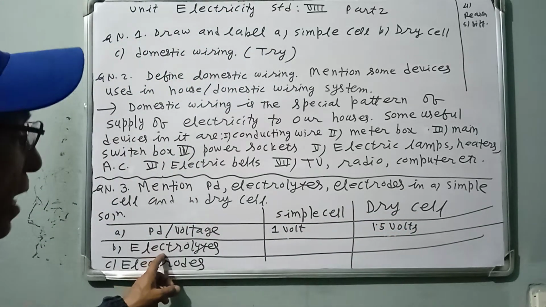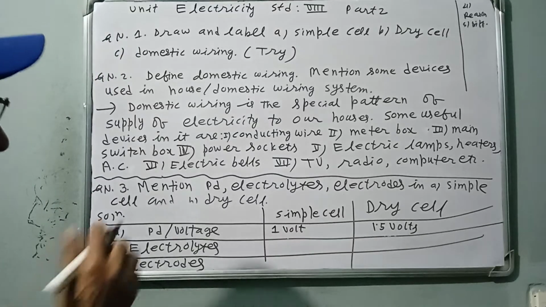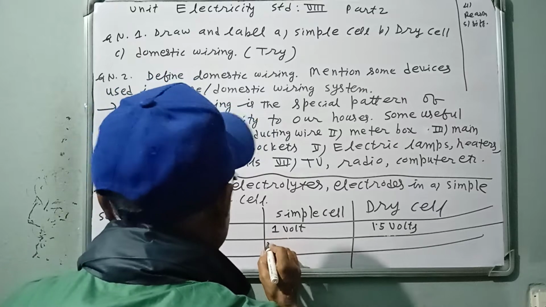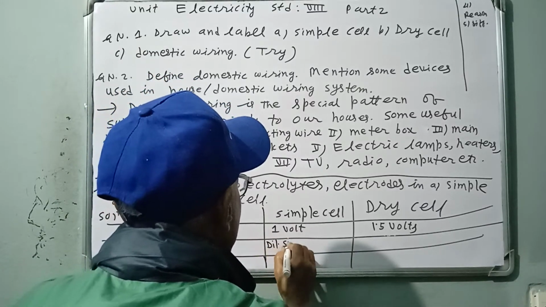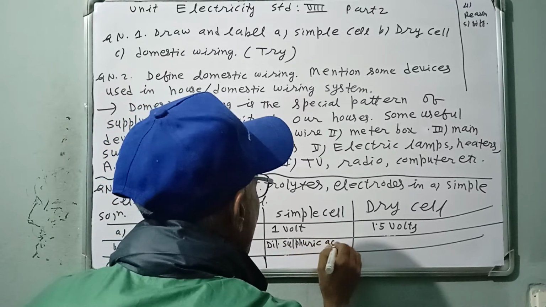Now, what are the electrolytes used in a simple cell? Can you say? Remember, simple cell electrolyte: dilute sulfuric acid.